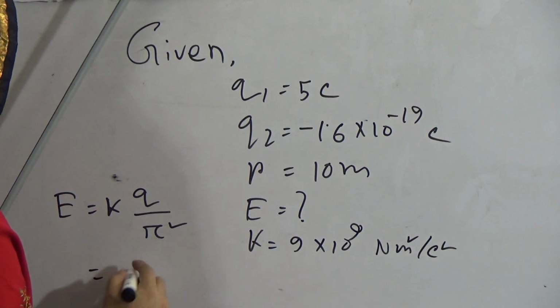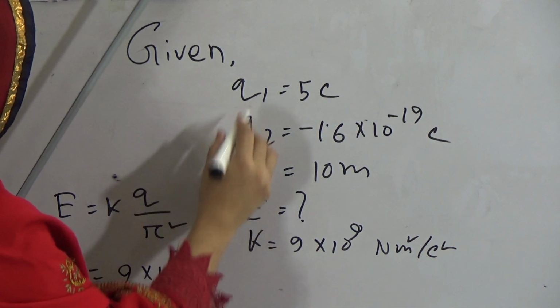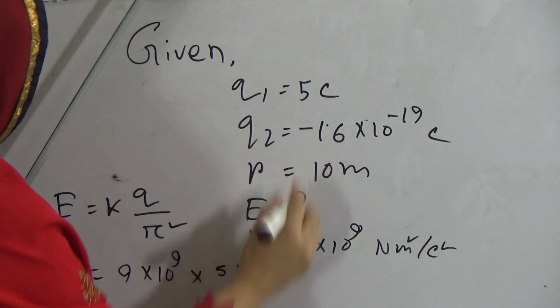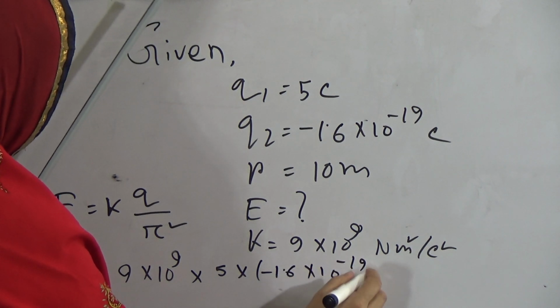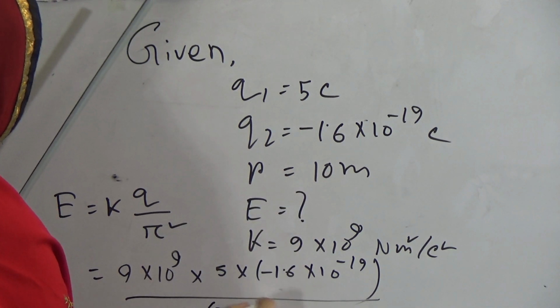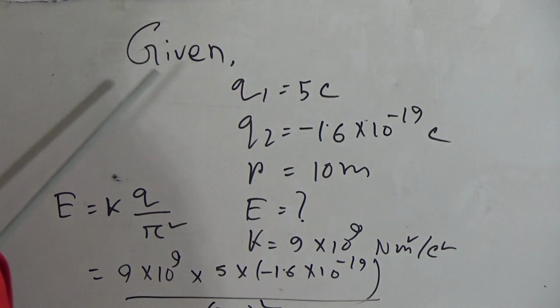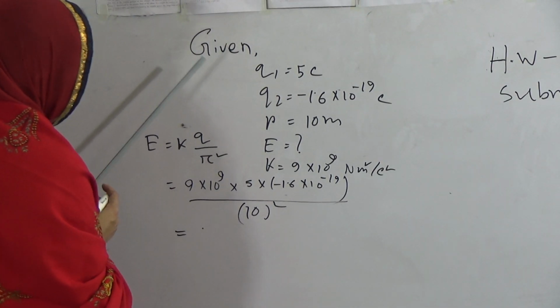Now put the values: 9 into 10 to the power 9 into Q, which is 5, divided by r square, r means 10 whole square. So my dear students, now do the calculation.